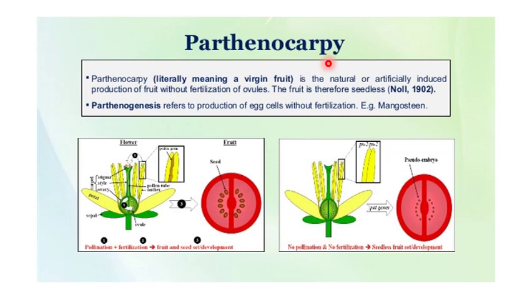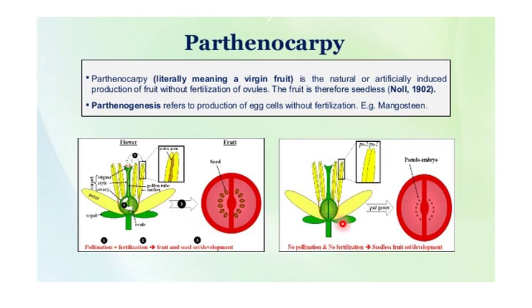Parthenocarpy improves the yield, quality and processing attributes of vegetable crops like cucumber, eggplant, and watermelon, where seed is a limiting factor during consumption.